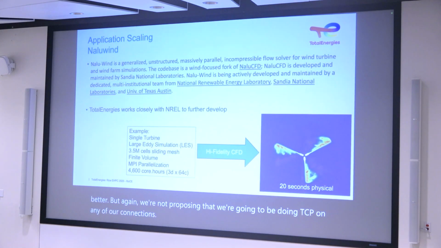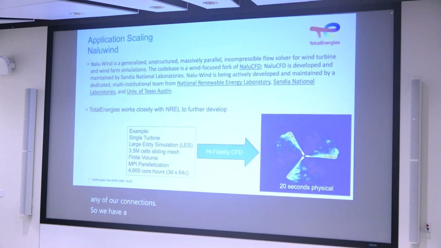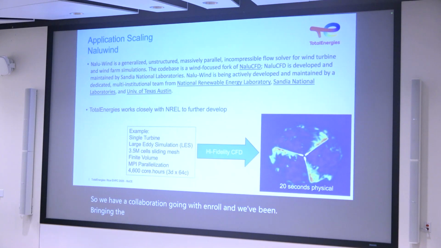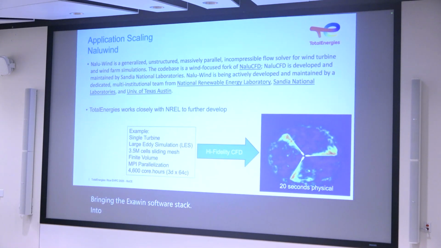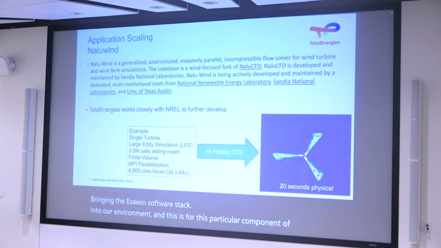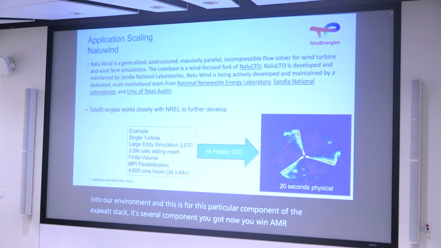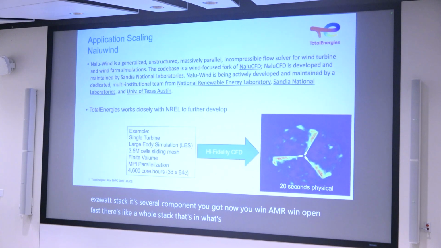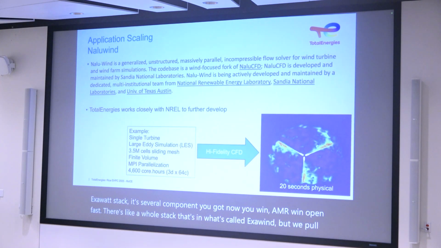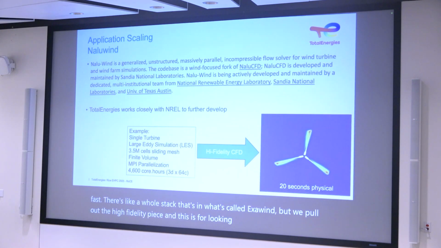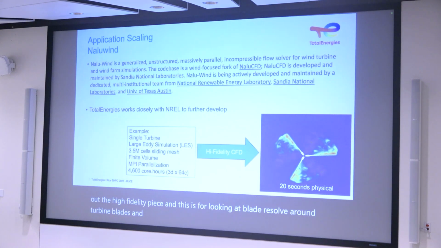So we have a collaboration going with NREL, and we've been bringing the ExaWin software stack into our environment. This is for this particular component of the ExaWin stack. It's several components: Nalu-Wind, AMR-Wind, OpenFAST. There's a whole stack in what's called ExaWin, but we pull out the high fidelity piece, and this is for looking at blade resolve around turbine blades, and also farm scale wake effects.